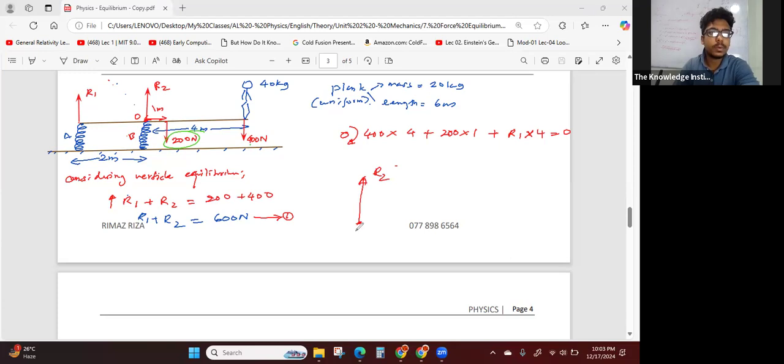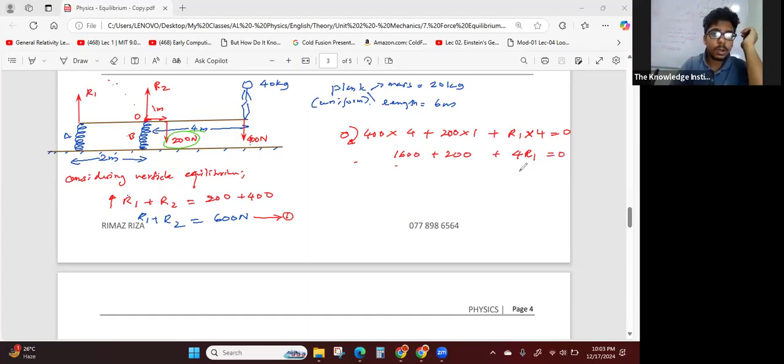We did this in moment of force, right? So it won't make a moment about that point O. So 400 into 4 is 1600, plus 200, equals 4 times R1 equals 0.